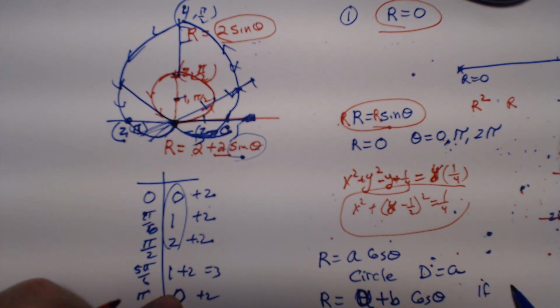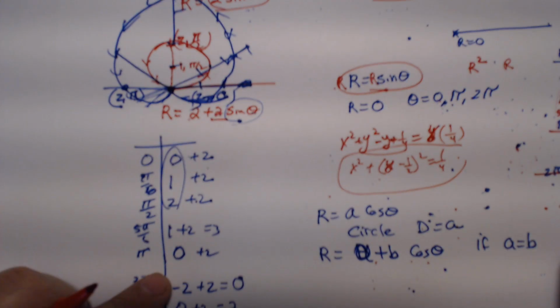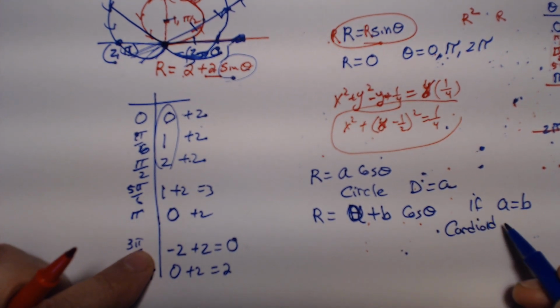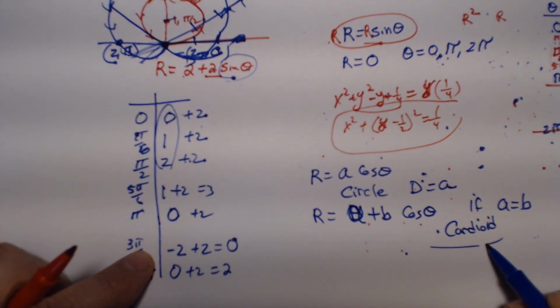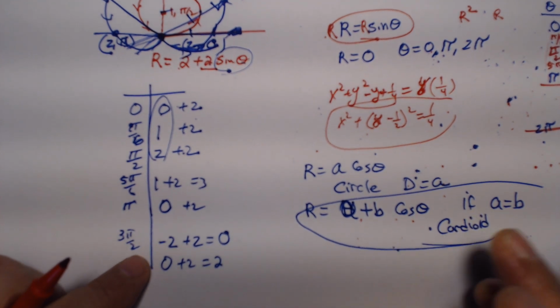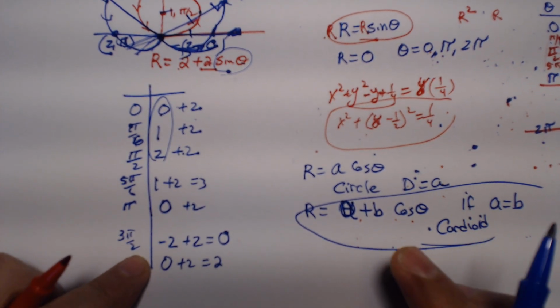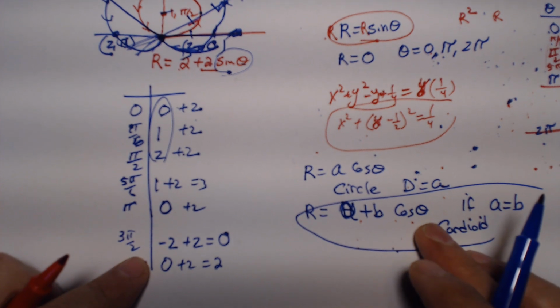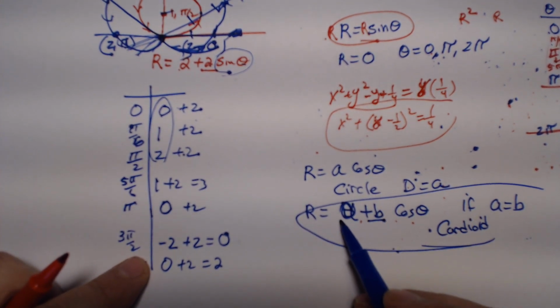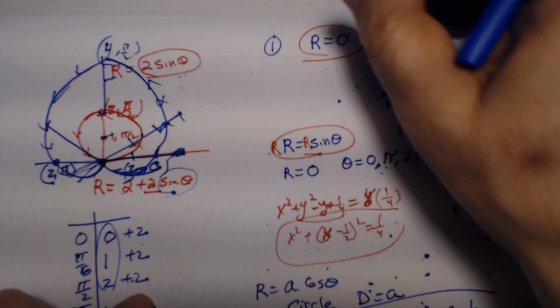If A becomes equal to B, that's the cardioid. And you need to know that the graph of a cardioid is nothing except a graph of a circle that you are adding the same number as the diameter to it, and that becomes a cardioid.